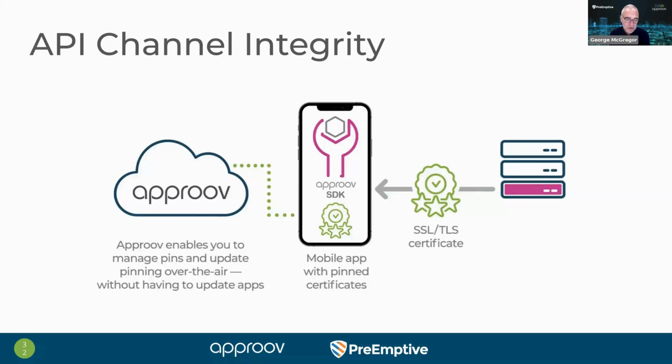And this, of course, eliminates any opportunity for things going wrong. And it means you can also rotate pins if, for example, third-party services you're using change. You can do that very quickly and dynamically. And it really reduces any kind of downside of applying this approach to protect the channel.